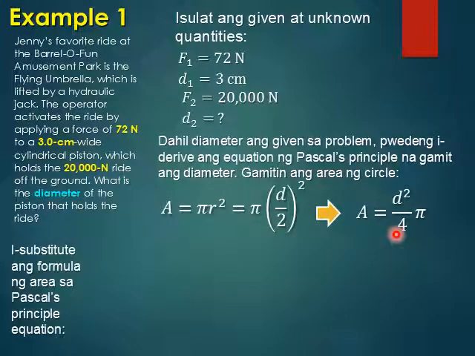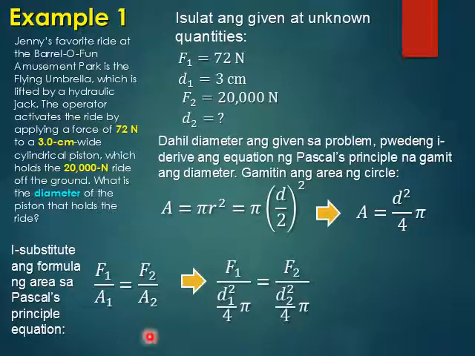Okay, next is substitute natin ang formula ng area sa Pascal's principle equation. So, we have F1 over A1 equals F2 over A2. Papalitan lang natin yung A ng equation ng area ng circle. So, you have F1 over D1 squared over 4 pi, equals F2 over D2 squared over 4 pi.